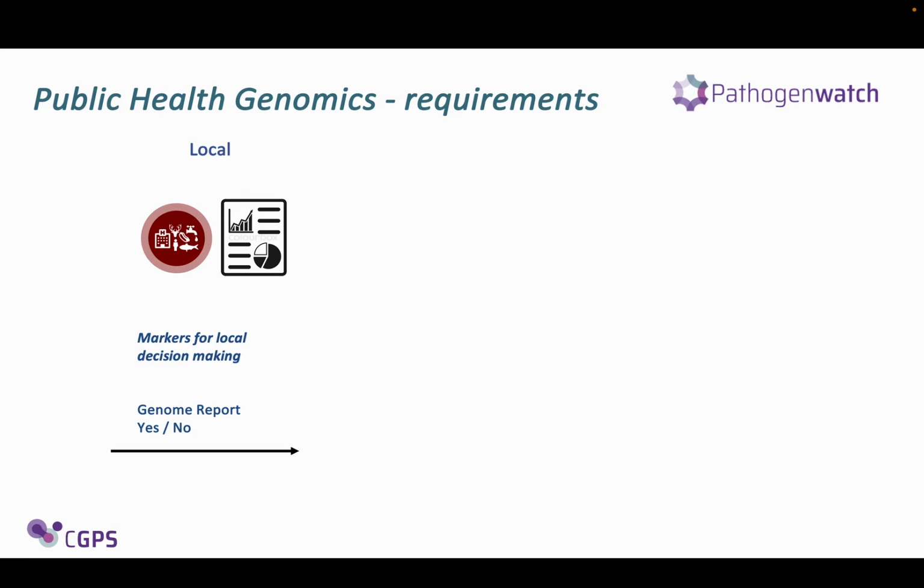So back to genomics. So you've utilized Pathogen Watch. So as a general principle, what are some of the things that one needs to do at a local level with a genome to get some valuable information from it?